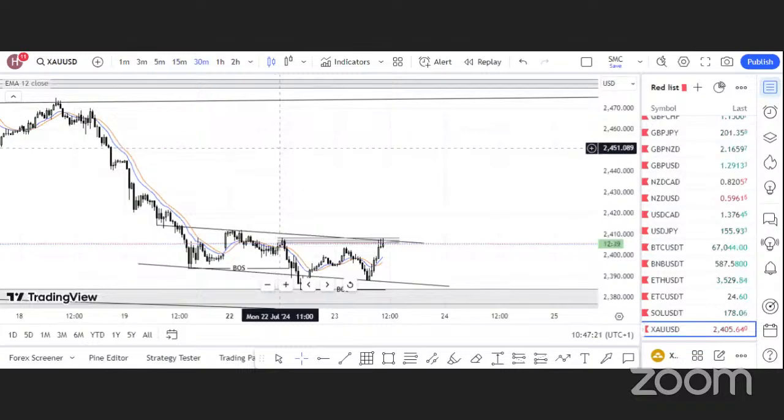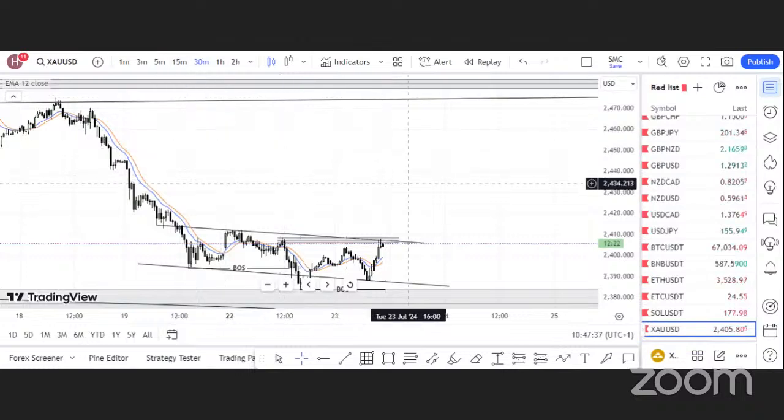Okay, on the 30 minutes time frame, the market is kind of creating a rejection. So this is a good one, and we have about 12 minutes plus to the end of the candle.